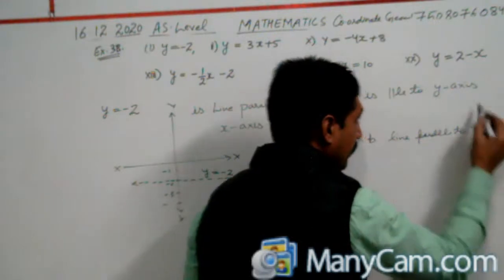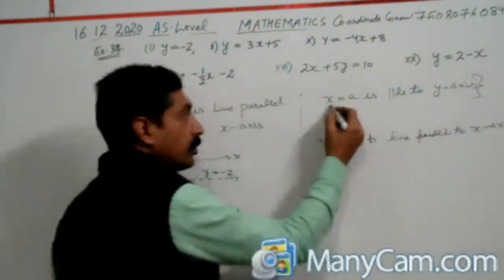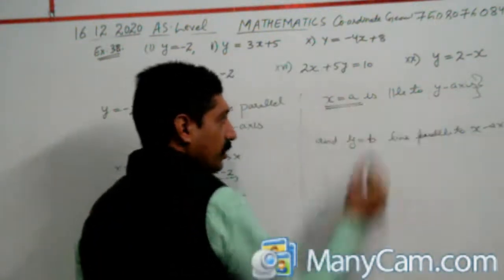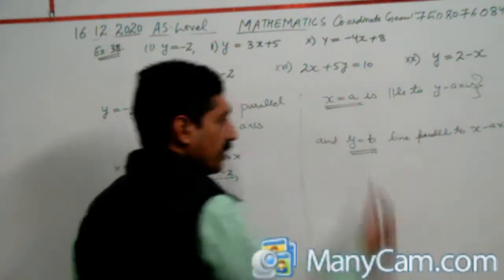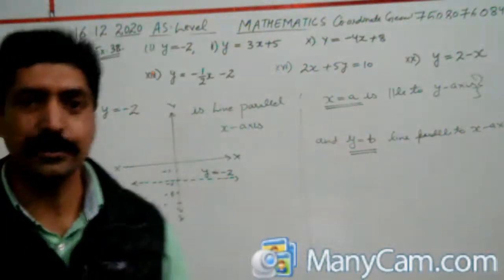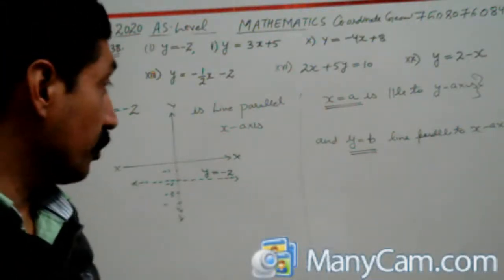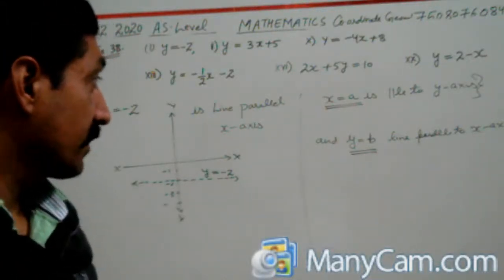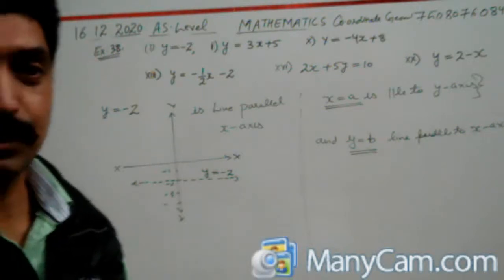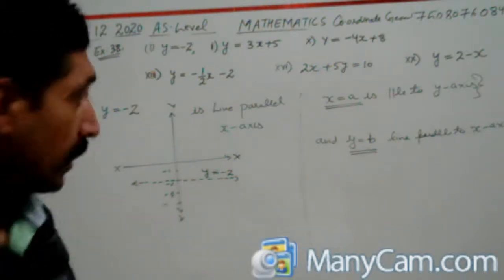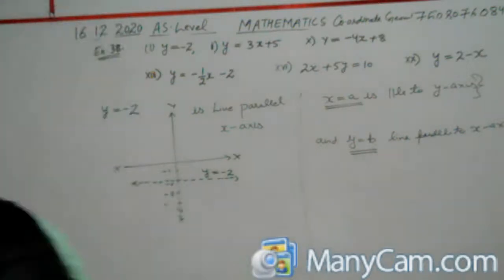Please remember that x is equal to a is parallel to the y-axis, and y is equal to b is parallel to the x-axis. You can remember it vice versa. Now this is the first question.